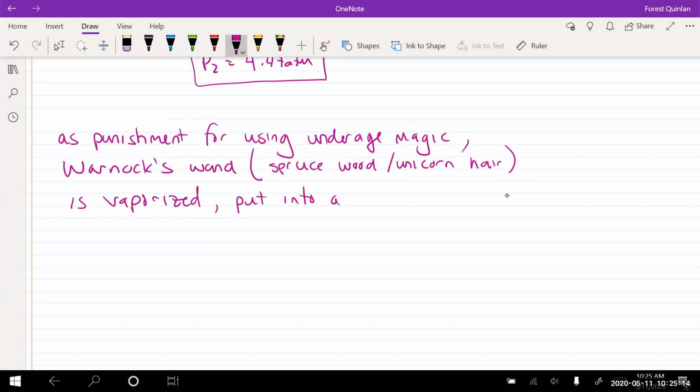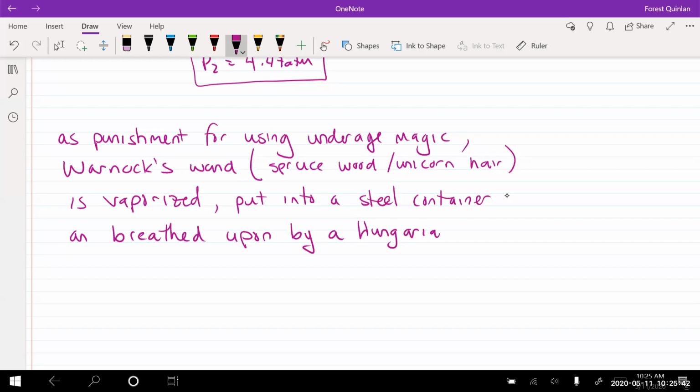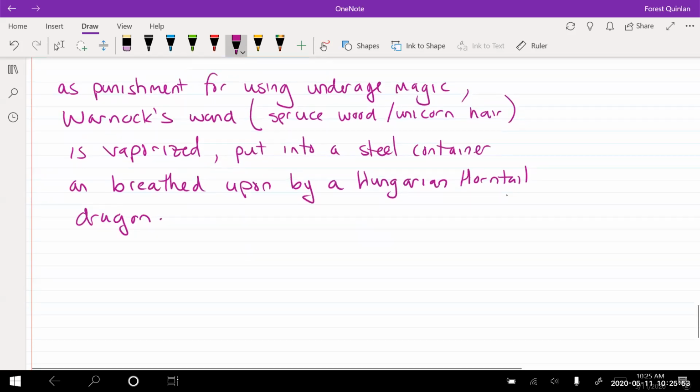Put into a steel container and breathed upon by, which was the really nasty dragon? Hungarian Horntail. There you go. Sorry, but you shouldn't have done it.